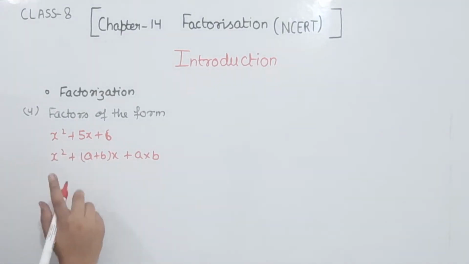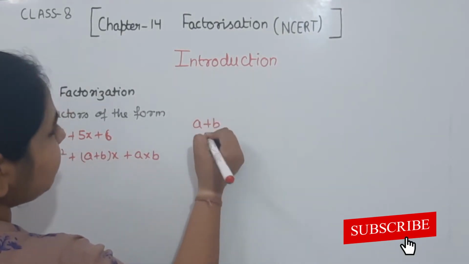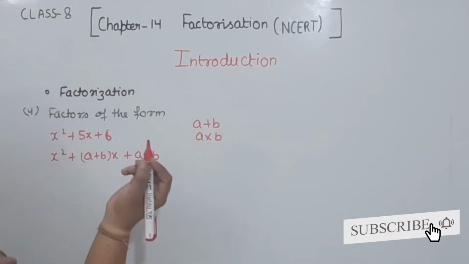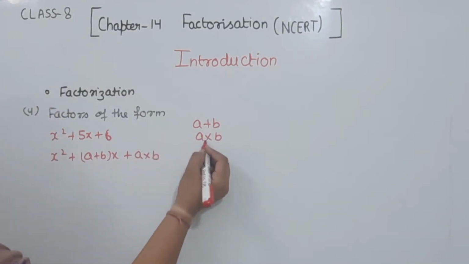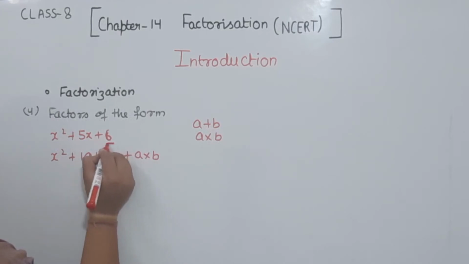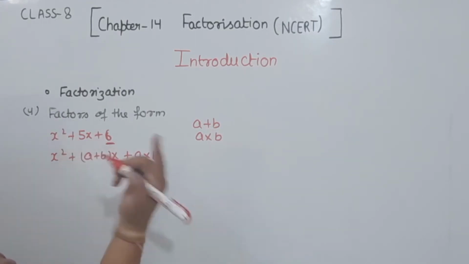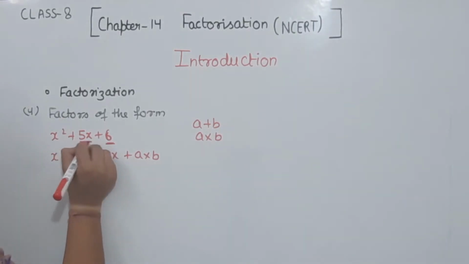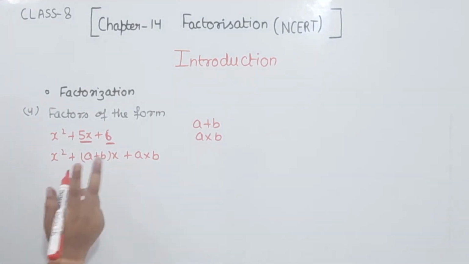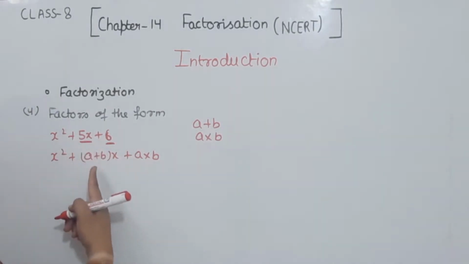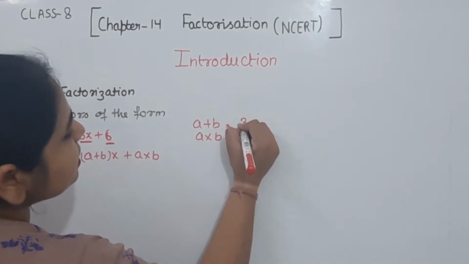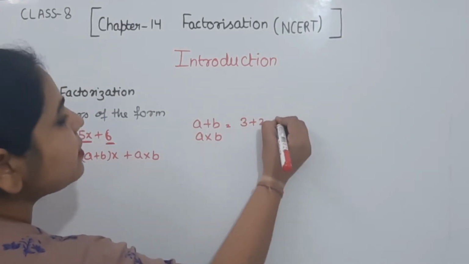For this we have to find two numbers, a plus b and a multiplied by b. When we multiply, we get 6, the last term, and when we add, we get the middle term. So now we have to find the two numbers. When we add, we get 5, so this is 3 plus 2, which is 5.